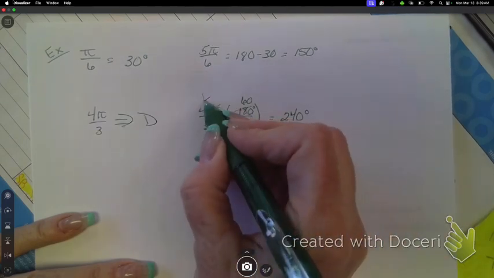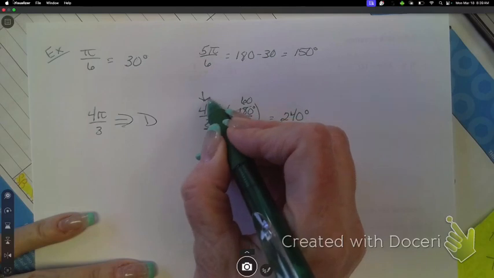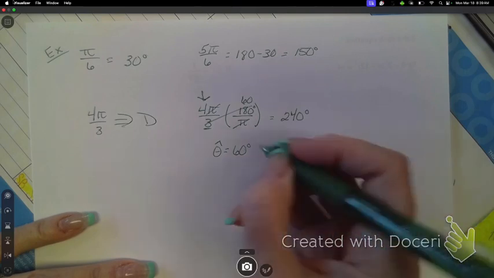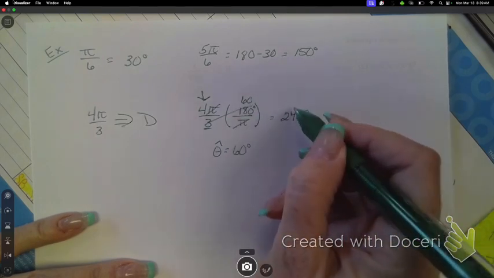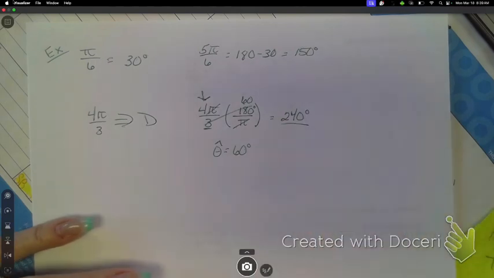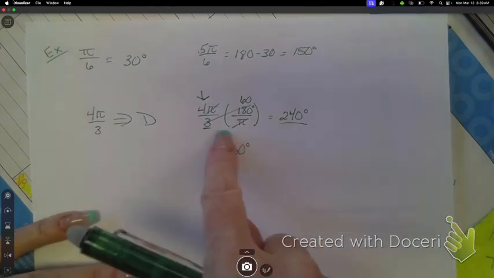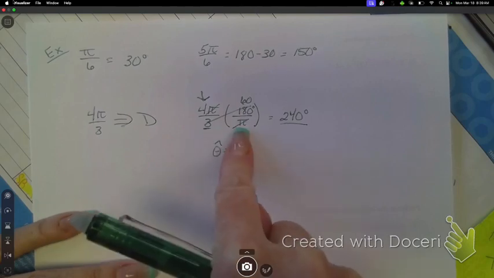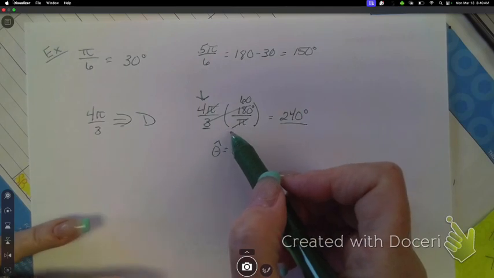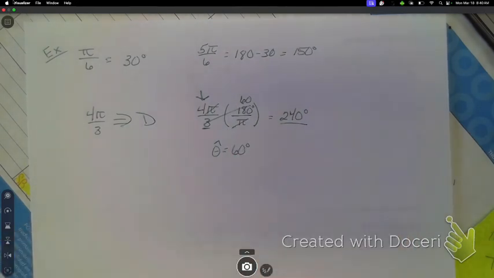And 4 means it's in what quadrant? Third. So it'd be 180 plus 60. I just did it like that. Is that okay? Or like what we just did? Yes, that's perfect. I did it this way just to do it, but if you get a 2, a 3, a 4, or 6, please do it the way we just did it with the reference angle, because it will help you remember them.